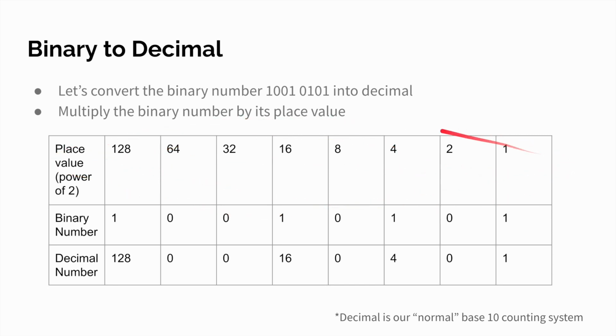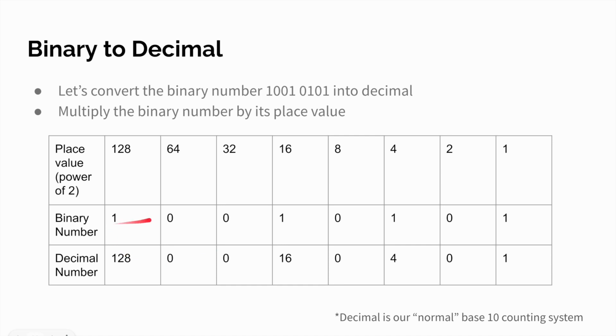These are powers of 2. So this is 2 to the 0, 2 to the 1, 2 to the 2, 2 to the 3, 2 to the 4, 2 to the 5, 2 to the 6, and 2 to the 7. That's what all these values represent. 2, because there's 2 values, 1 and 0.